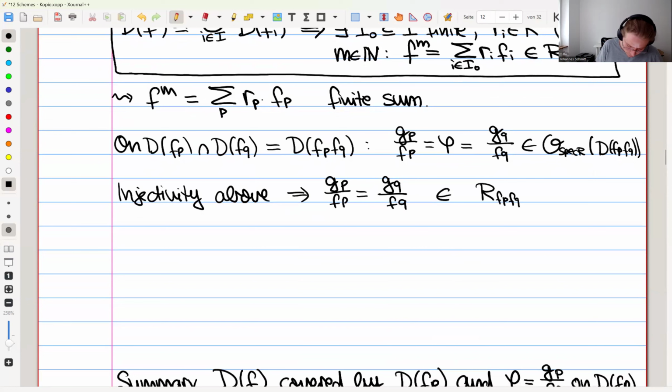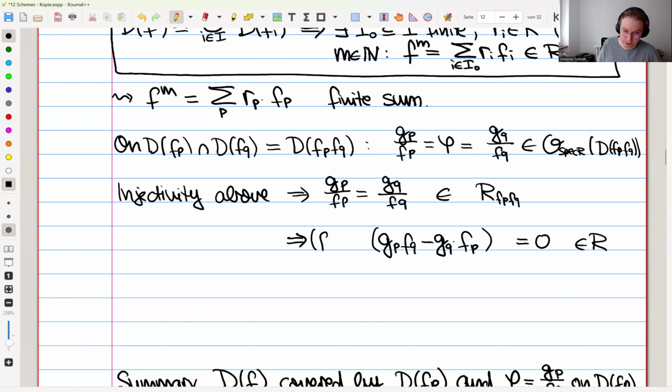And so spelling this out, it almost means that GP times FQ minus GQ times FP is equal to 0 in R, but only almost, because what you always have to do is multiply by some power, like this.